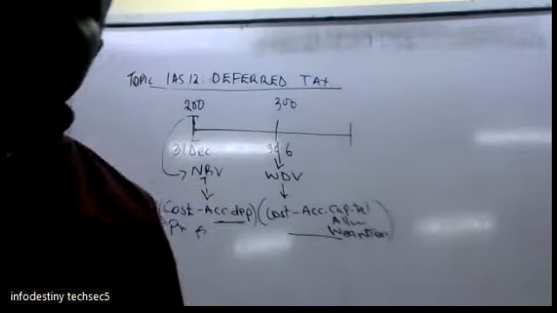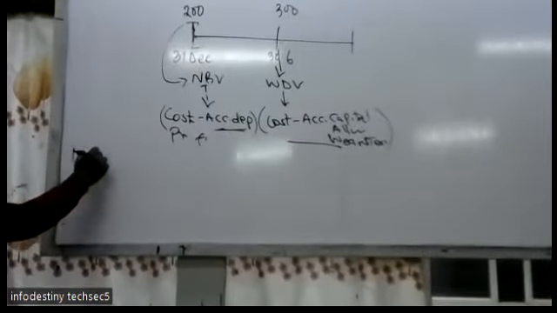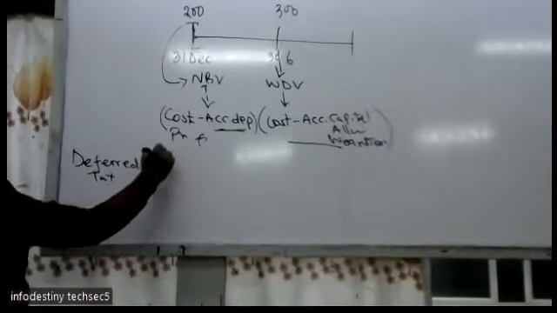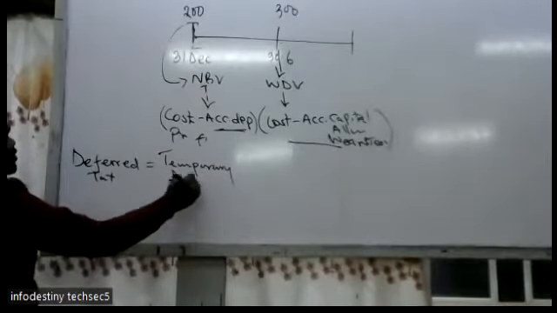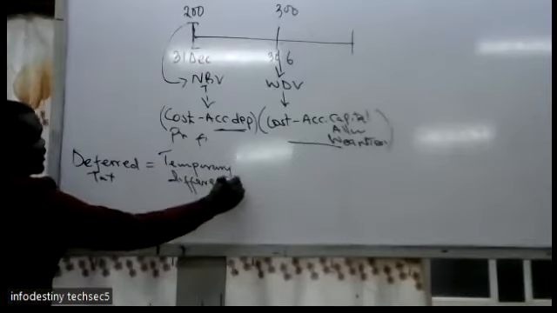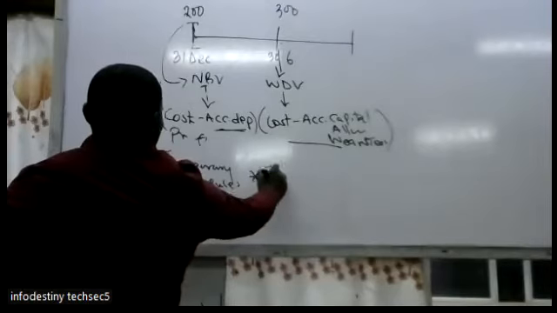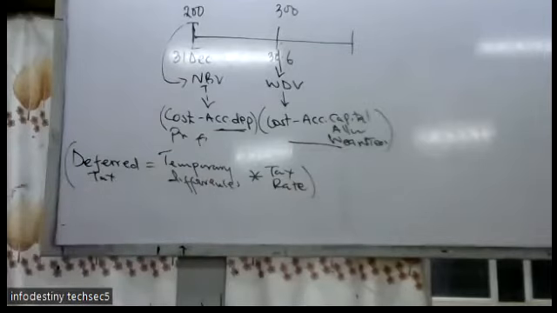So down there, that therefore means that deferred tax is equal to temporary differences times the tax rates. Temporary differences times the tax rates. That is how you calculate; we'll be calculating deferred tax.